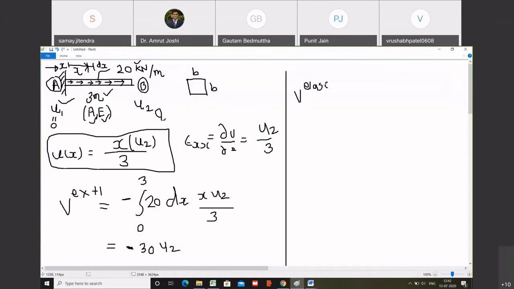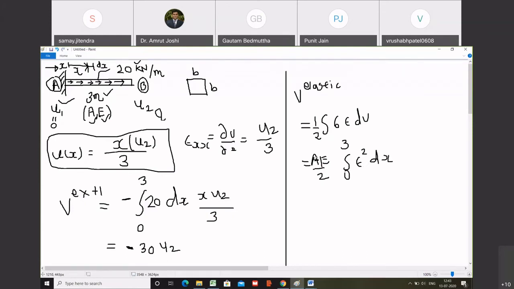V elastic. We know that it is going to be stress multiplied by strain into dV. AE is taken outside and half is sitting there. It is half stress into strain dV. So AE by 2 into epsilon square dx from 0 to 3.